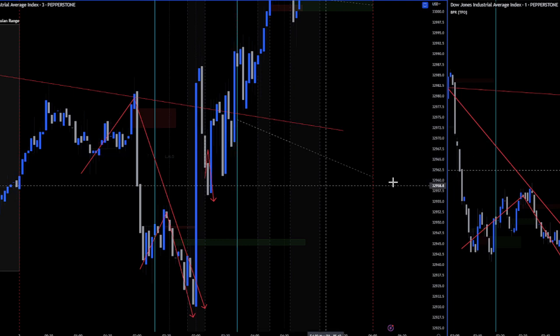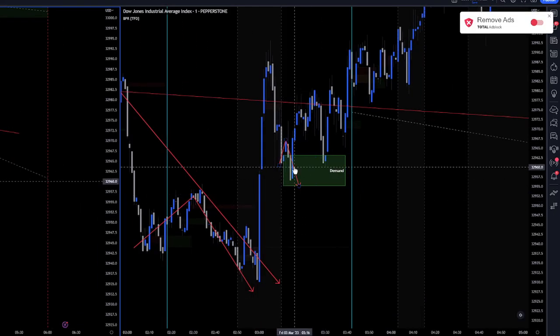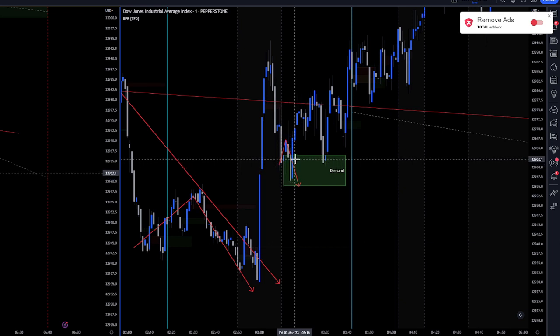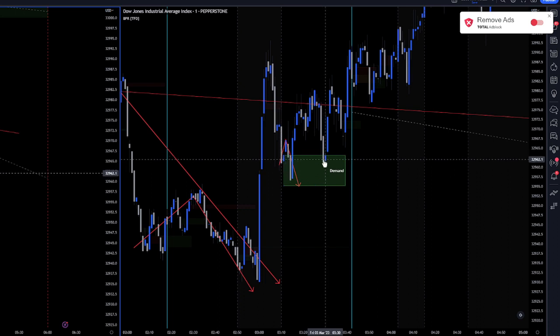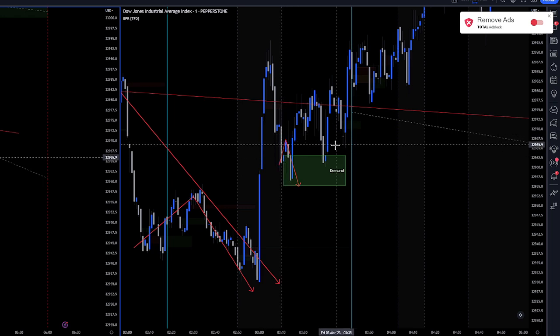When you zoom in then to the 1-minute, this particular example happened at 3 o'clock New York time. So that's around about 8 o'clock. This was 8:30 my time. So we saw a breaker again, and this is another retest.